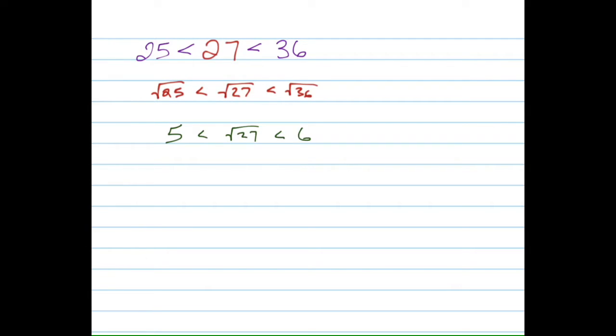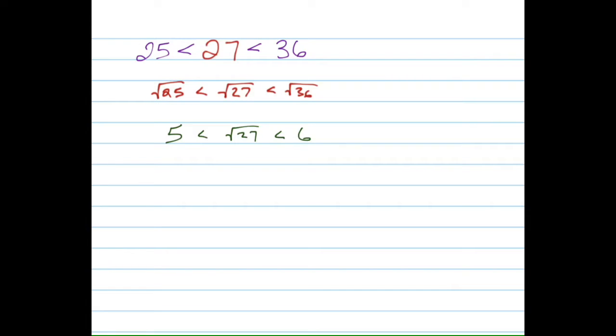Yana, you have a question? Okay. Maybe 5.5. Okay, 5.5 might be a little much, but it's a good guess. Yeah? 5.3. Maybe. Which is it closer to, 5 or 6?